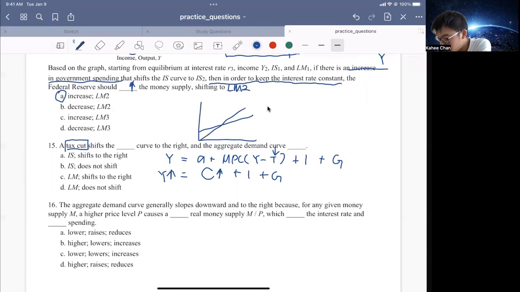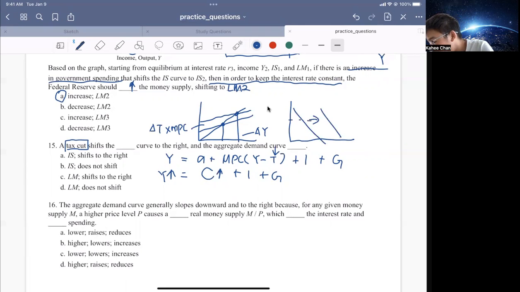Bring up the Keynesian cross model again. Now we are affecting delta T times MPC, delta Y. So it should shift the IS curve, right, for the given interest rate, because we are never changing the I component.